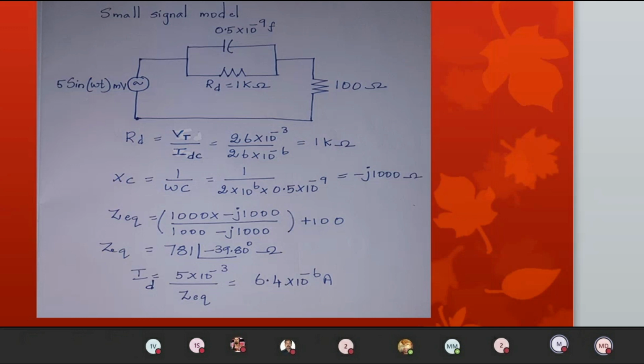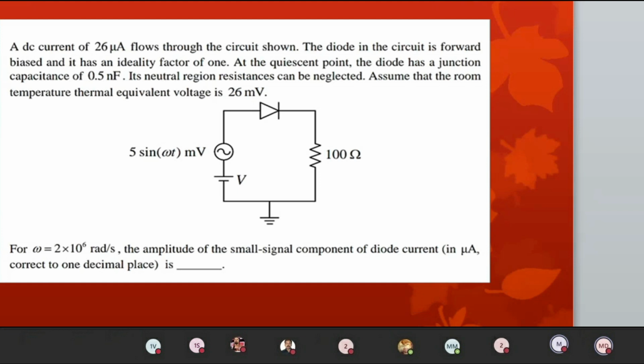So listen students, problems like this are not simple. You can notice from the question itself, he is asking for the small signal model. How to develop the small signal model? You have to first find the diode resistance. How will you find the diode resistance? He has mentioned the thermal equivalent voltage, and he has mentioned a DC current of 26 microamps.